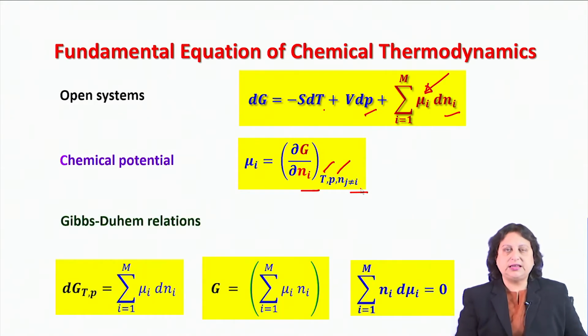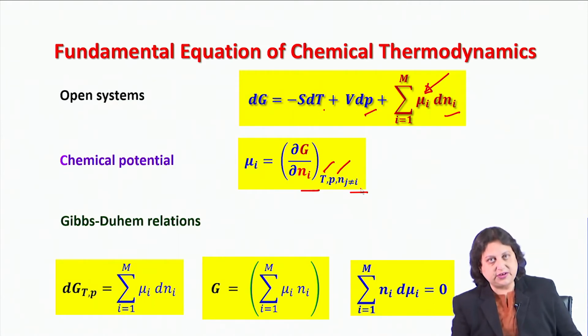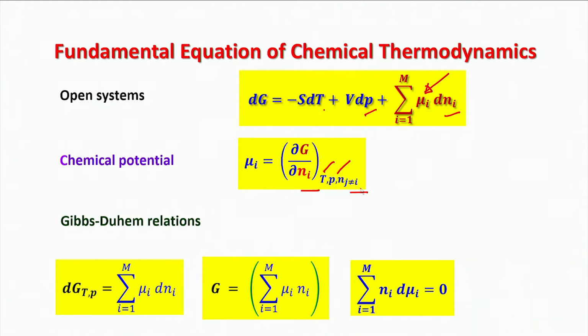And we have also seen that the consequence of using this definition and combining it with the other relations in thermodynamics gives us the Gibbs-Duhem relations. And we have seen how these relations can be used to work out the thermodynamics of an ideal gas mixture.